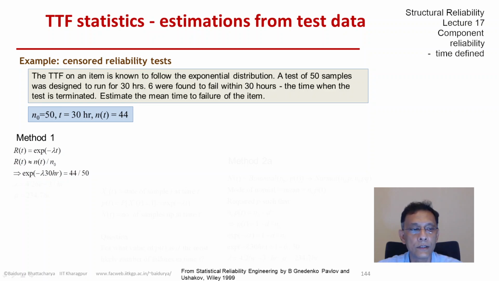We'll just do a point estimate, equate the two, and it turns out that lambda from this condition gives me 4.26 10 to the minus 3 per hour, and the reciprocal is the mean, so that's about 235 hours. That would be a very quick and efficient way of solving the problem.